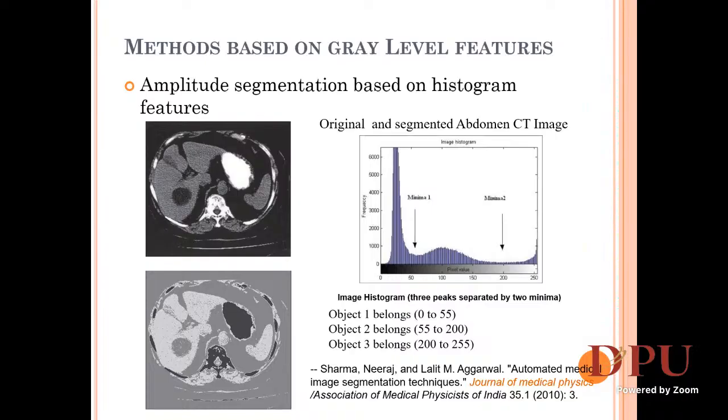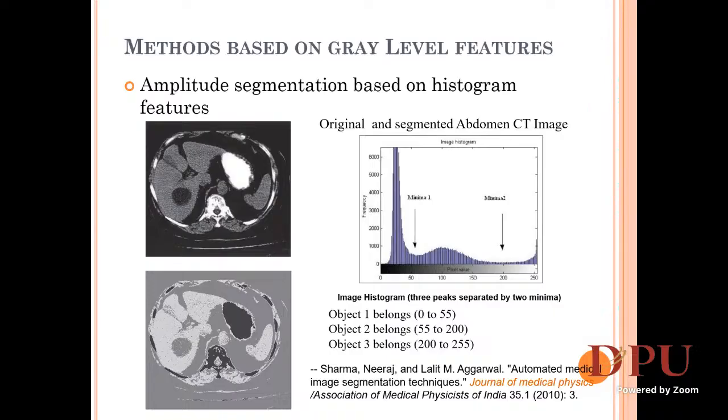So T1, T2 are 55 and 200. Based on that, you can segment your image by analyzing the histogram. You are partitioning your image into 3 different gray values: 0 to 55 represented by 45, 55 to 200 represented by 120, and 200 to 255 represented by 210. So 3 different gray values.